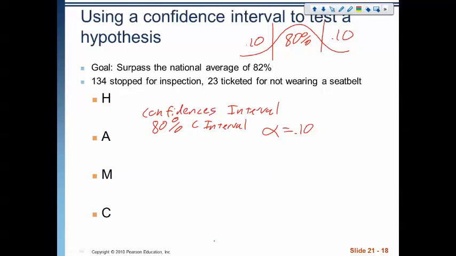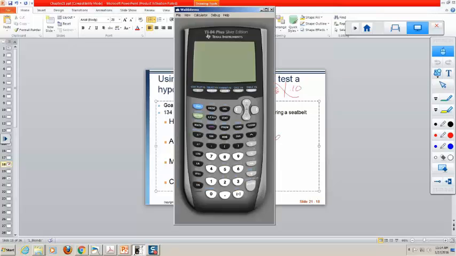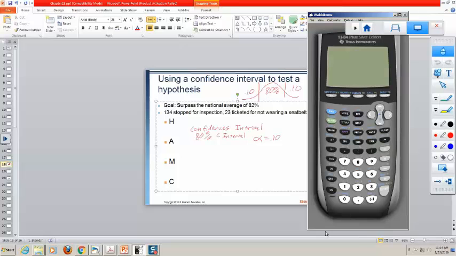And we could go in and find the appropriate z-score, however, I'm going to go ahead and just use my calculator for that. We want to go to stat tests, and we want a one prop z interval.